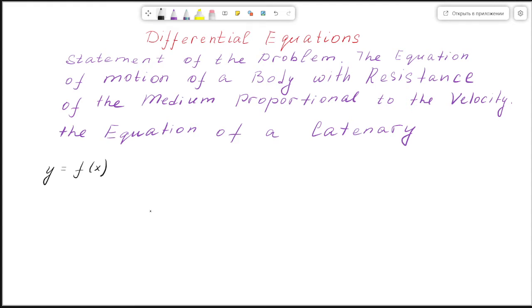But it is possible to give the relationship between x and y and the derivative of y with respect to x, y prime, y double prime, etc. to nth derivative.